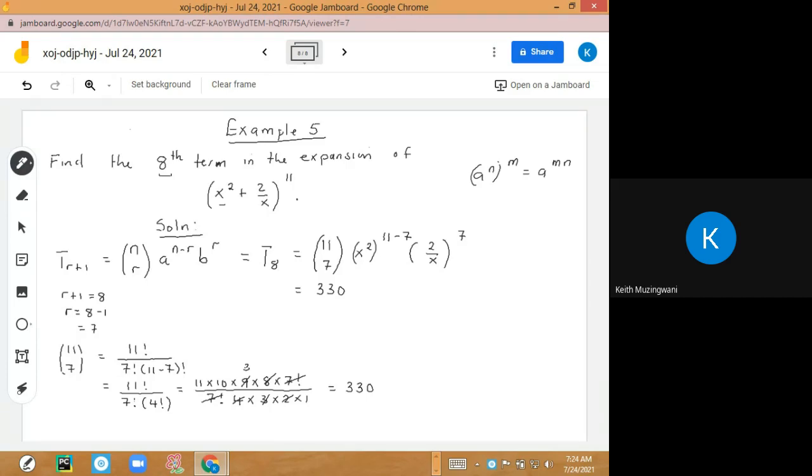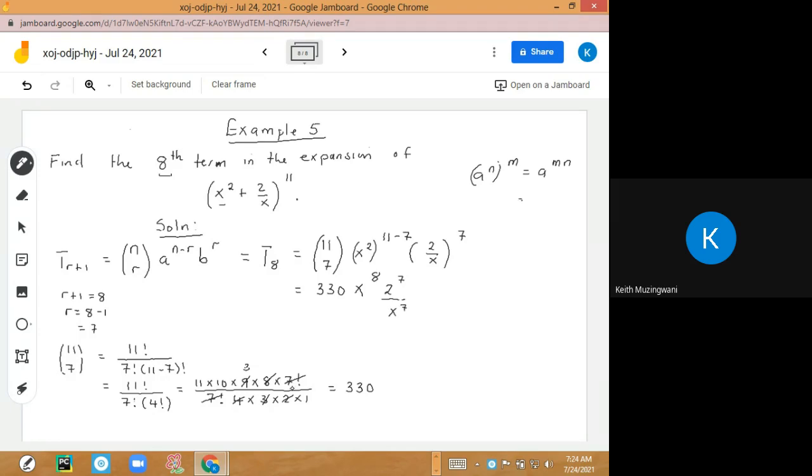So we'll have 330, x, 2 by 4, that will be 8. And then 2 power 7 over x power 7.